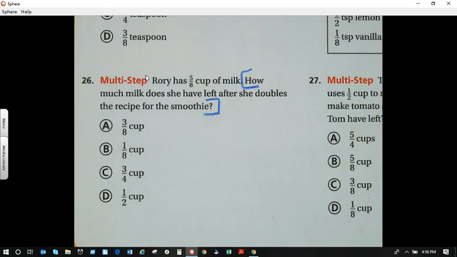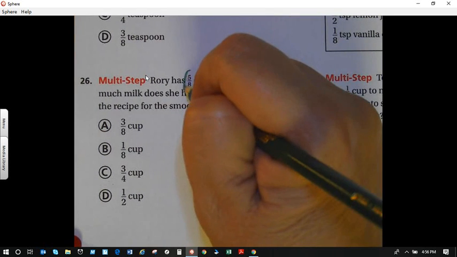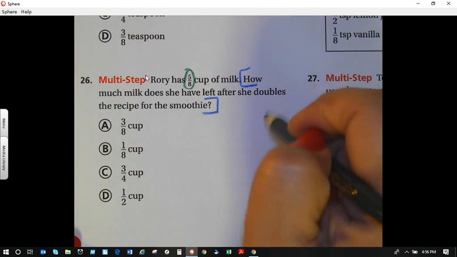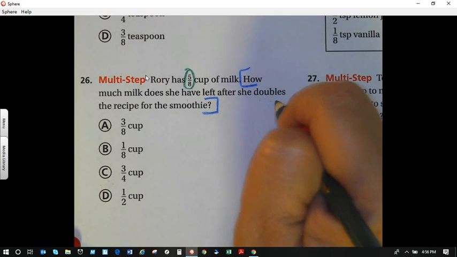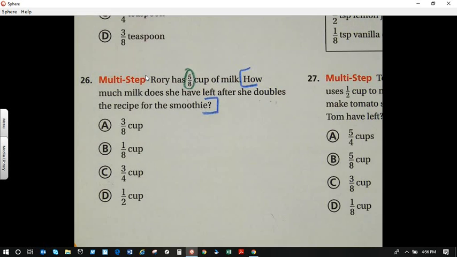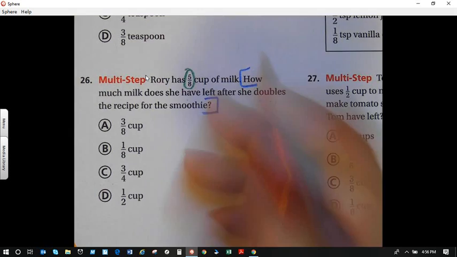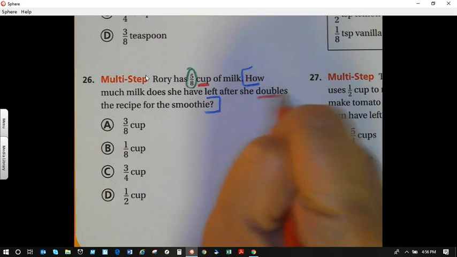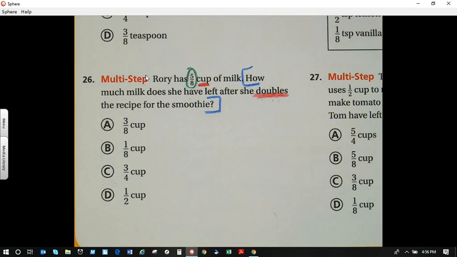Okay. I need to circle numbers. Well, I know that there's something odd. She doubles. So I need to see where she's coming from. So I'm going to consider that as a label. Doubles is 2 times as much. All right, so now I'm going over to my chart.